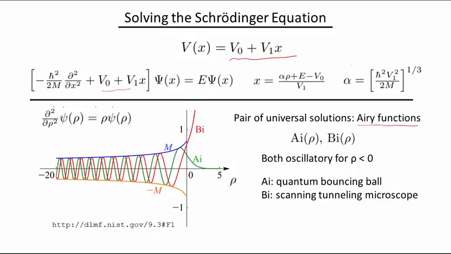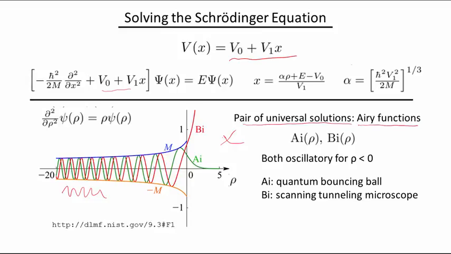But if this is your first exposure to them, let me point out that this case of linear potential gives us two universal solutions that combine both the oscillatory behavior of the trigonometric functions and the converging or diverging behavior of the exponential function.